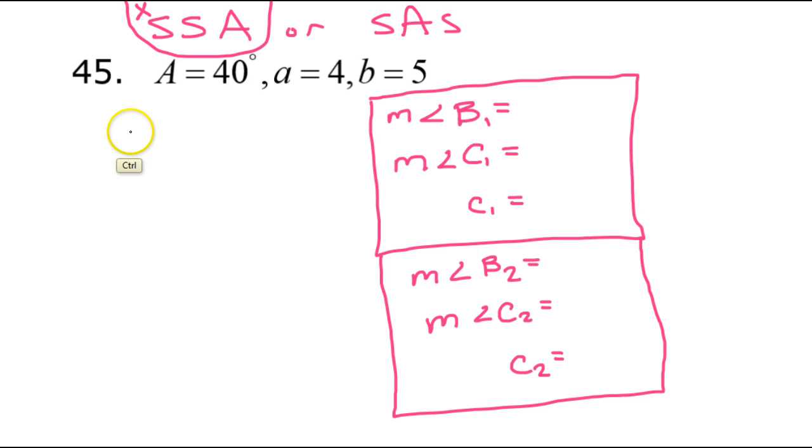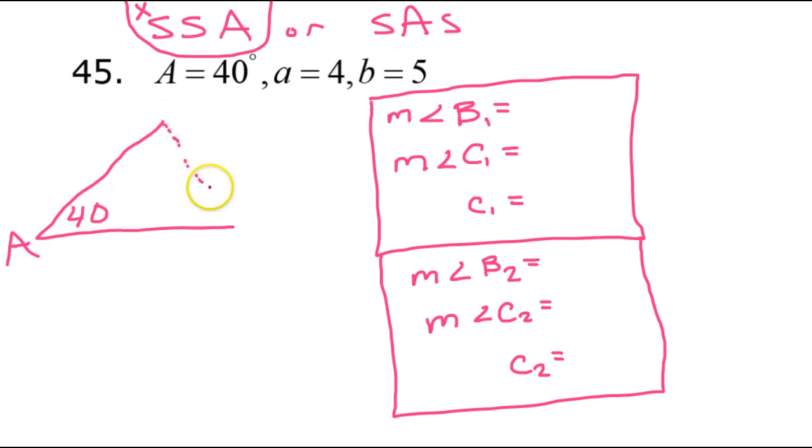So let's draw the first triangle over here. When you have the ambiguous case, you've got this one angle. What you want to do is always put the angle on the left. Okay, so the angle will go right here. So this is going to be angle A, and I'm going to go ahead and call this 40. Show this side as a dotted line, because this is the ambiguous line.